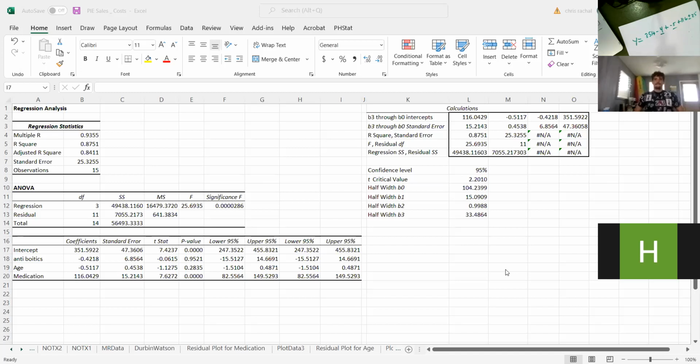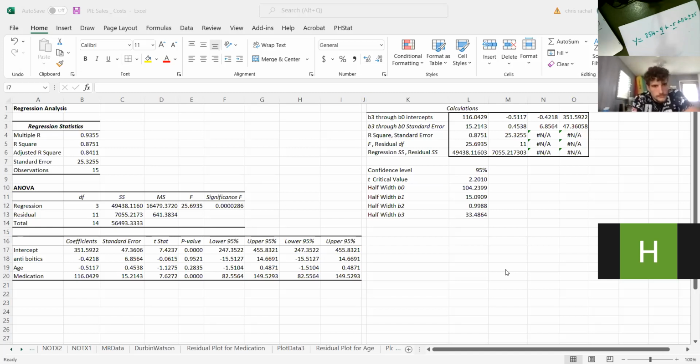Now, you get the 25 from the standard error? Yeah, standard error. So that's the standard error up on the top, and that's the standard error at B7, not the standard errors for each one of the slopes. Okay, thank you.